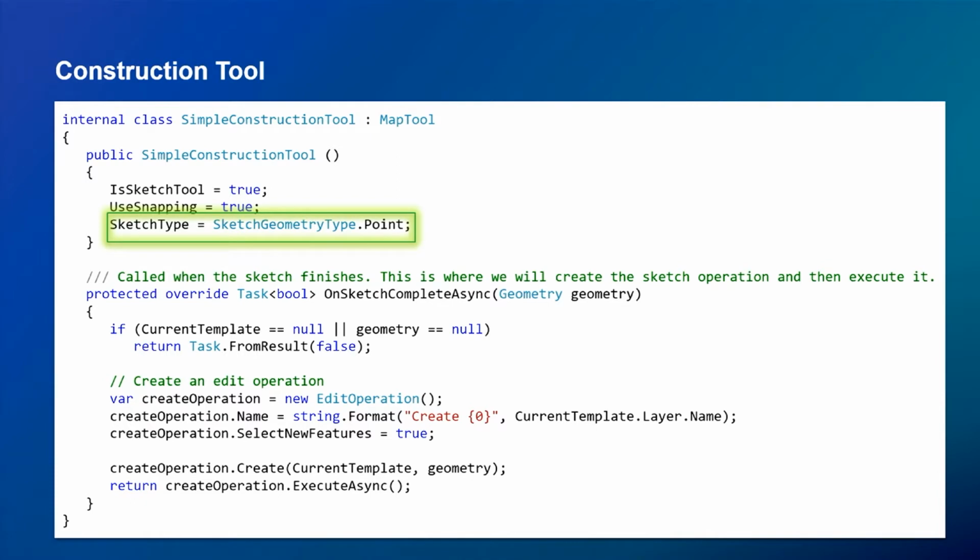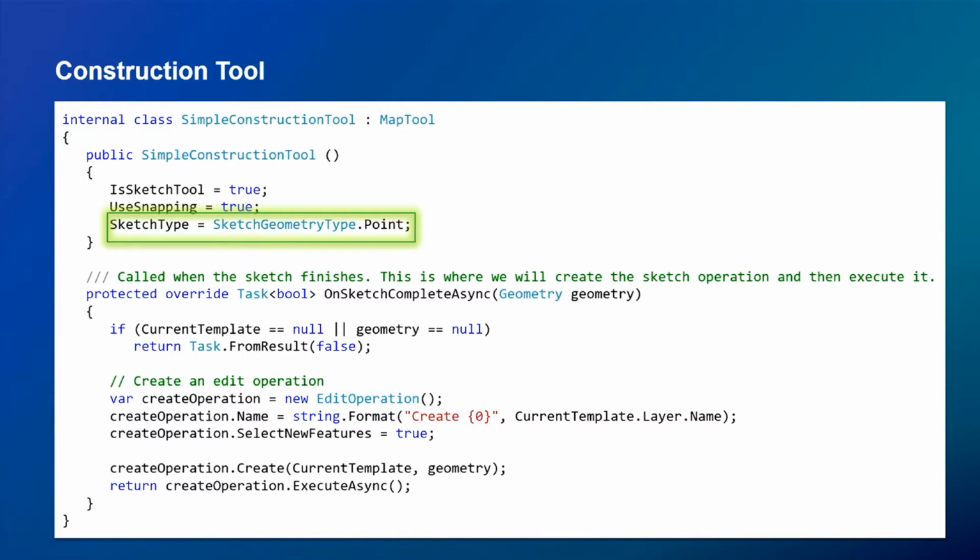We are inheriting from the map tool so that we get the interactivity with the screen and can capture that information. I want to point out that the sketch type is essentially the display feedback as you're interacting with the screen. In this case, we're doing a point, but we have a whole bunch of other geometry types available to you.